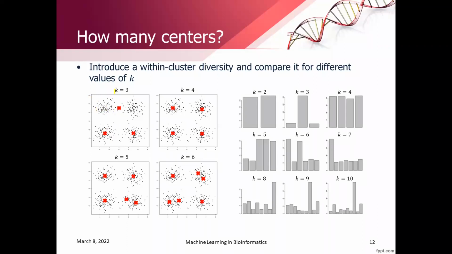For example, if we select 3, then we can obtain that 2 of the reference vectors will each represent one cluster and 1 will represent 2 clusters. If we take k equal 4, we could obtain such a nice distribution of the reference vectors, but we are not guaranteed.